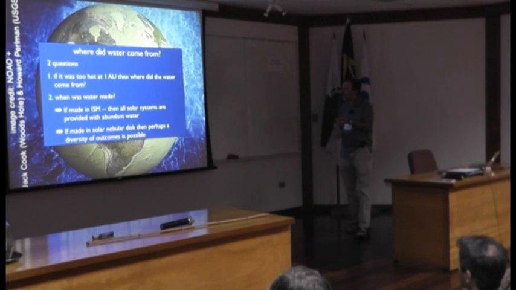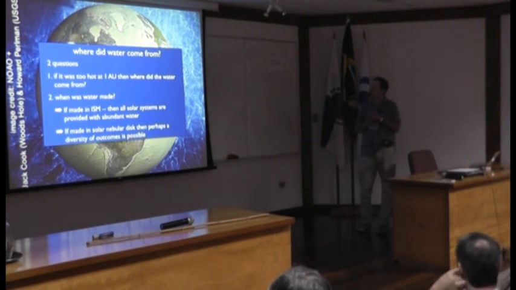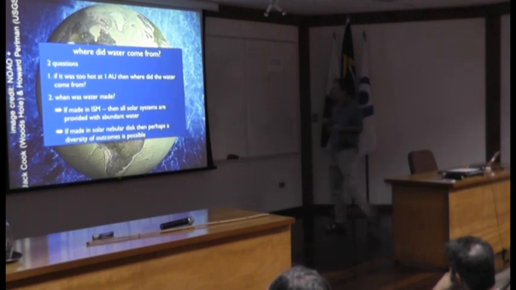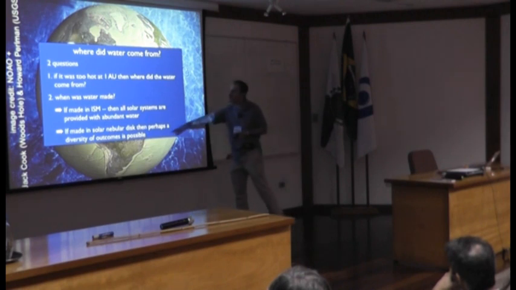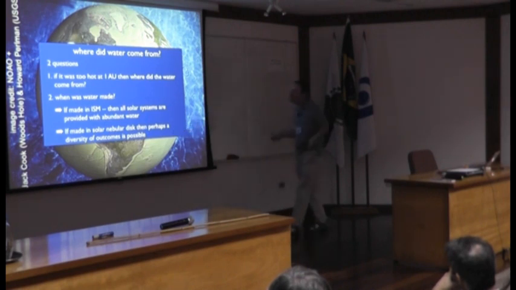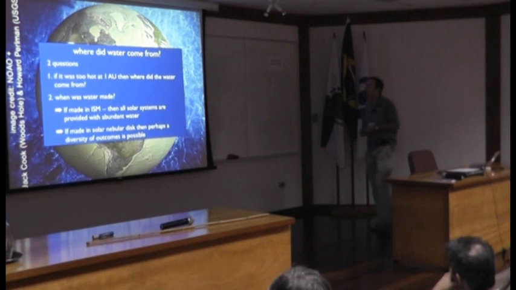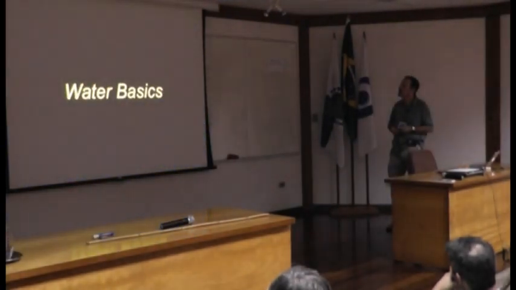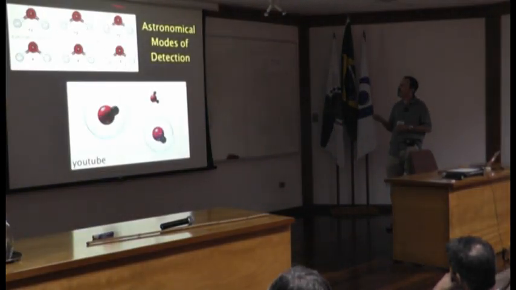The other is, well, maybe that means if it's the disk itself that's doing it, that there could be different levels of collapse or different processes in the disk. We know that they have ultraviolet radiation, X-ray radiation, they have different amounts. So the physics of systems will actually be different. And maybe that suggests that there's a diversity of outcomes that you could make. Some systems may make abundant water, some systems may not.